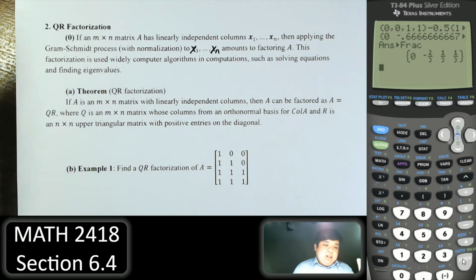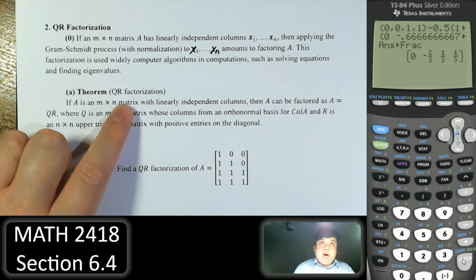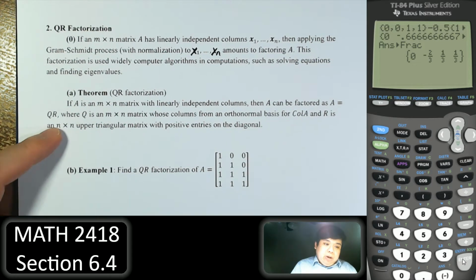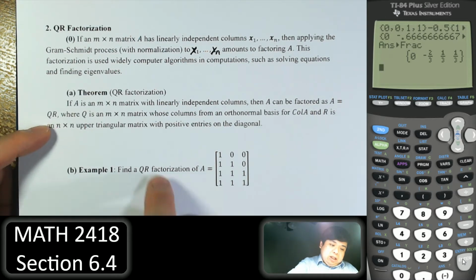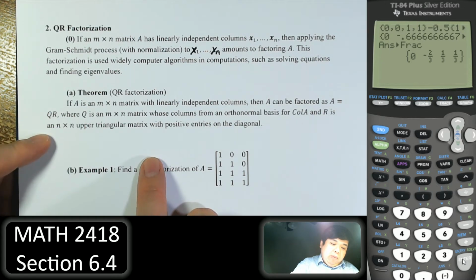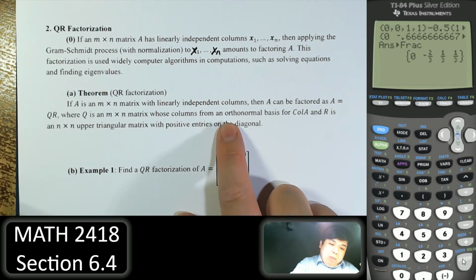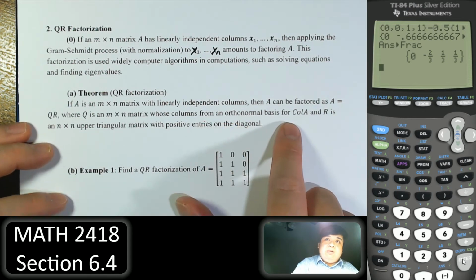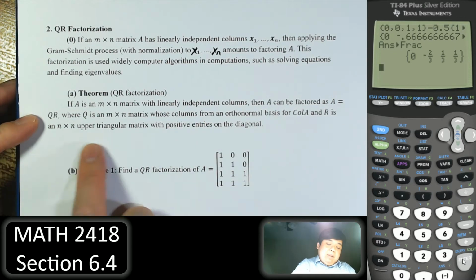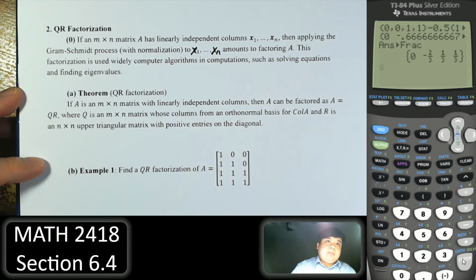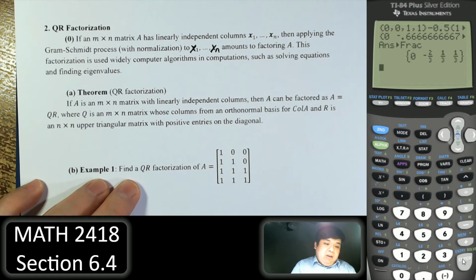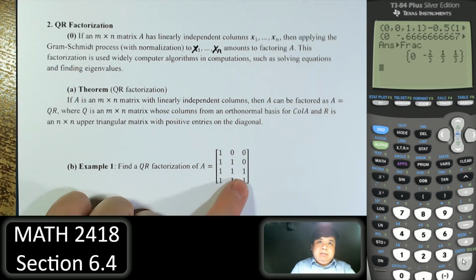We can turn that into the factorization QR form. Q is the matrix of orthonormal basis for the column space of A, and R is the n by n upper triangular matrix with positive entries.